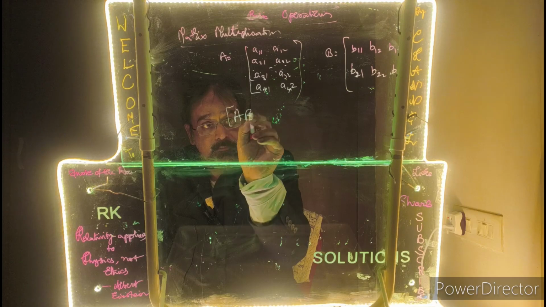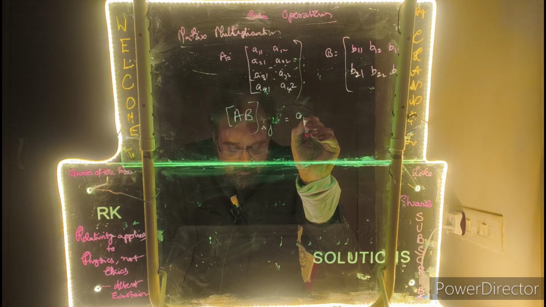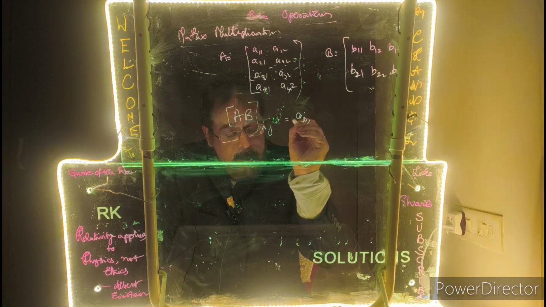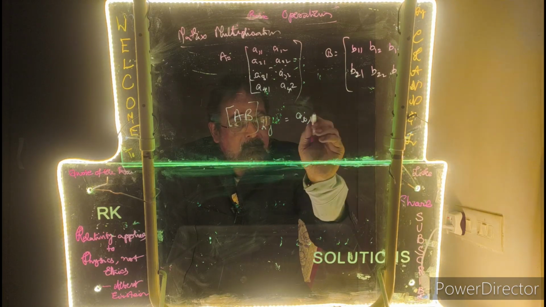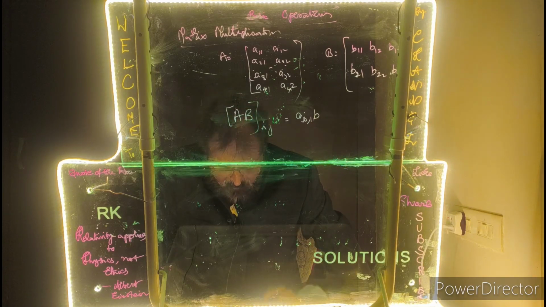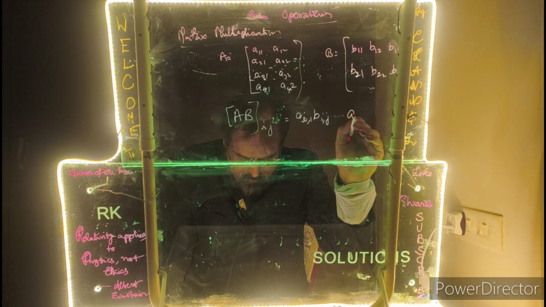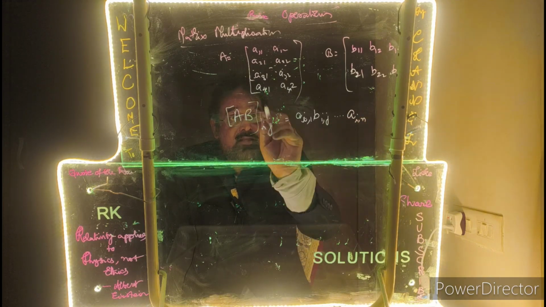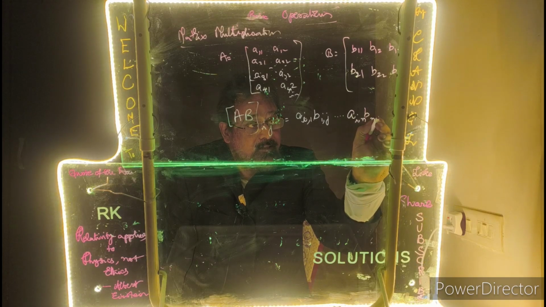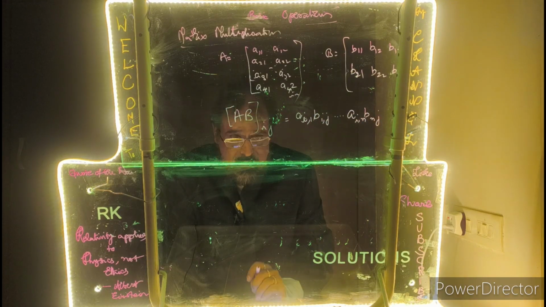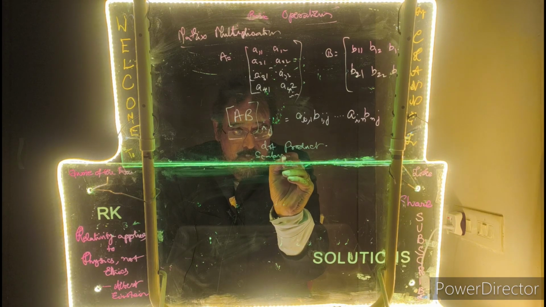So it can be simply represented as (AB)ij, which will be Ai1 B1j and so on, up to Ain Bnj. This is called a dot product, to differentiate from scalar multiplication.